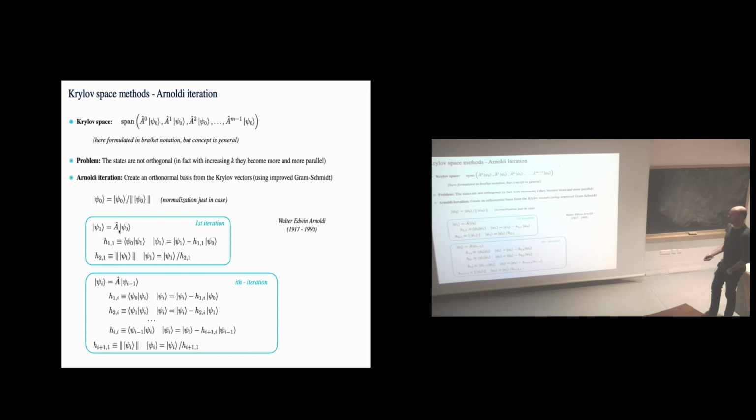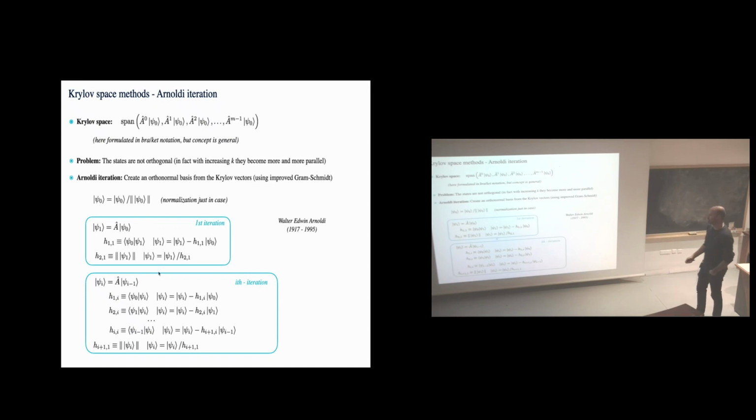Then I have to make this state orthogonal to the previous state. So I compute the overlap between the initial state and this new state, psi1. Let's call this number H11. And then I say my new state, psi1, is the old state minus this overlap, to make sure that this state is orthogonal.